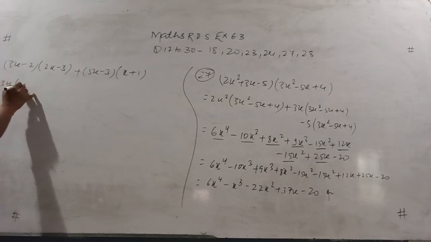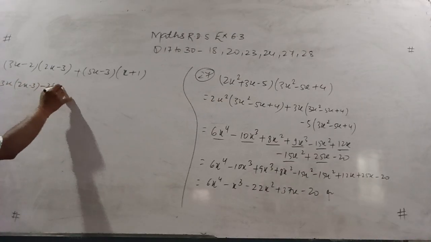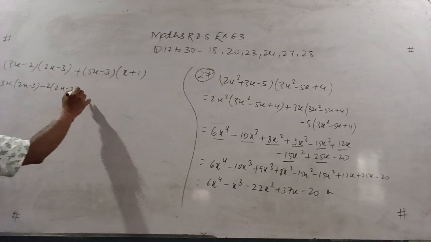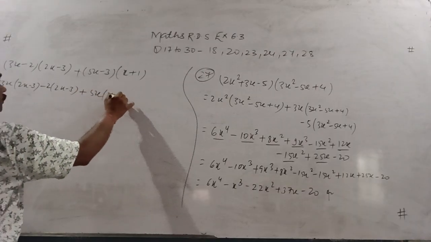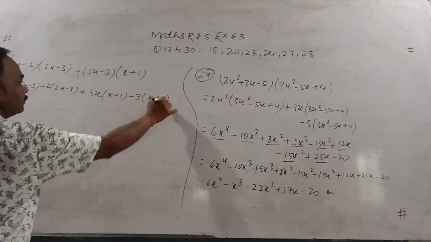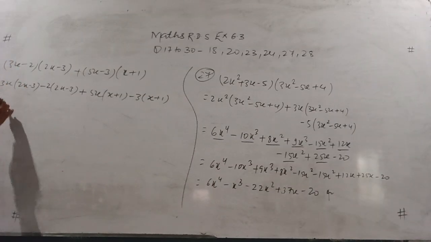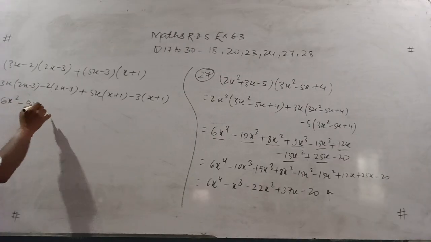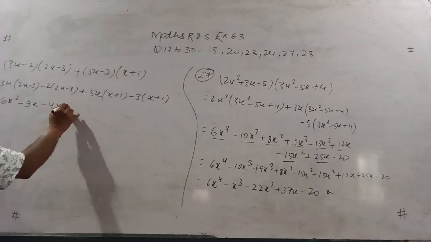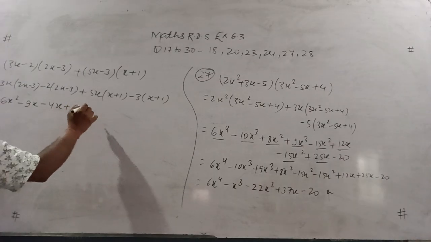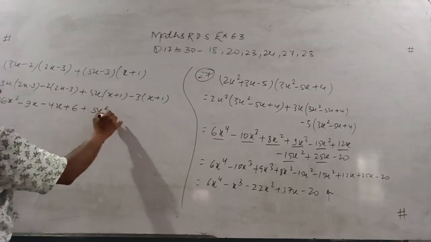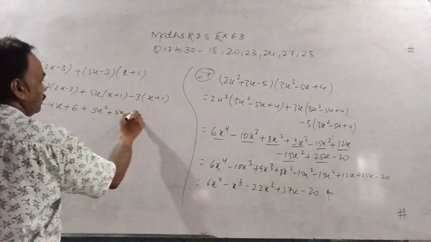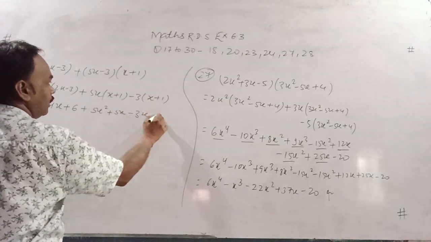Then 3x into (2x minus 3) minus 2 into (2x minus 3), plus 5x into (x plus 1) minus 3 into (x plus 1). This is equal to 6x square minus 9x minus 4x plus 6 plus 5x square plus 5x minus 3x minus 3.